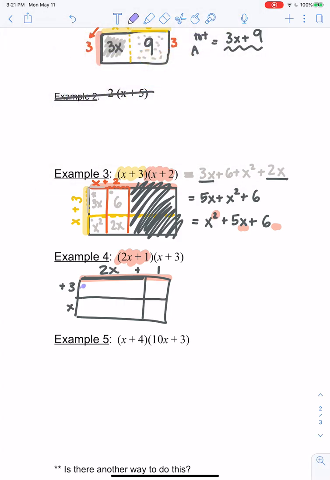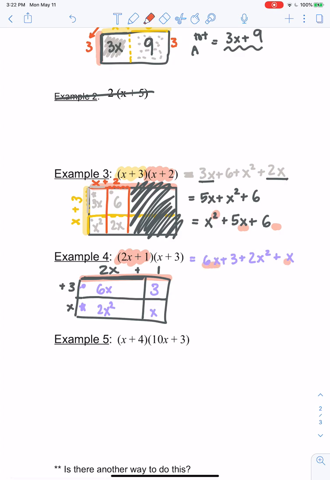Then we can start to fill in the middle pieces by multiplying. So in this quadrant top left, 3 times 2x is 6x. 3 times 1 is 3. The bottom left, 2x times x is 2x squared. And the bottom right, 1 times x is x. So again, to get that total area, what the expression is equal to is 6x plus 3 plus 2x squared plus x. Look for our like terms.